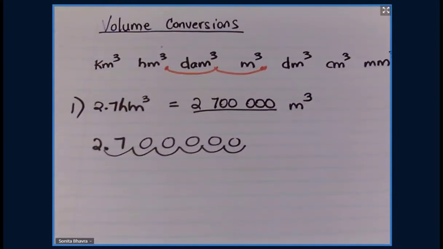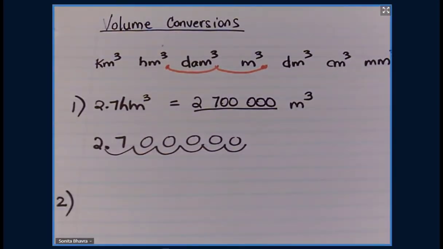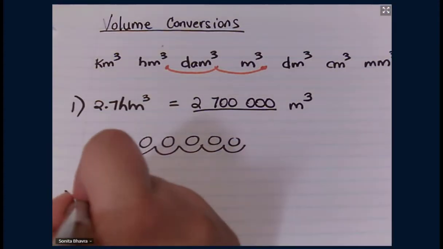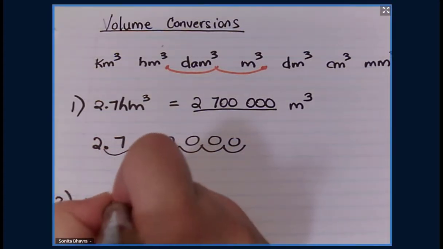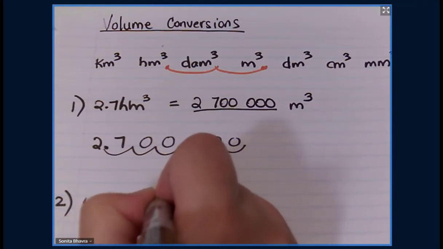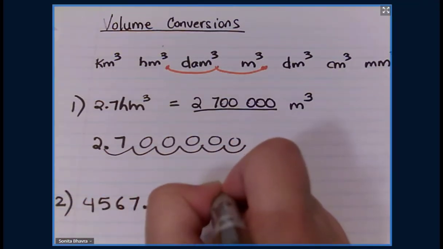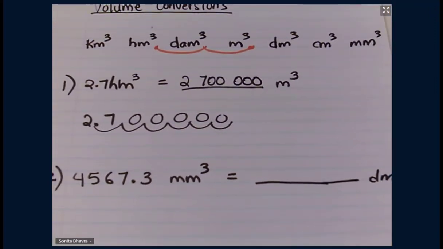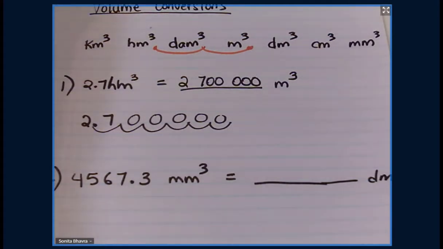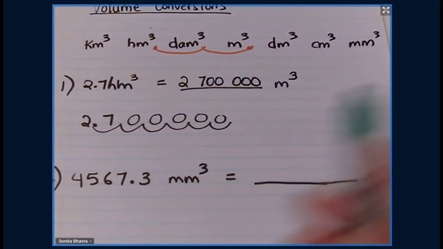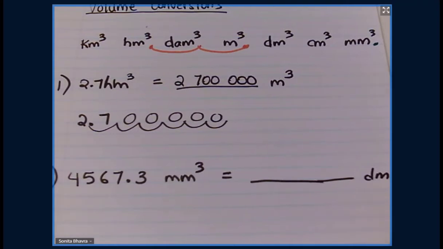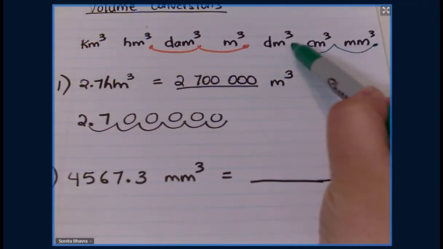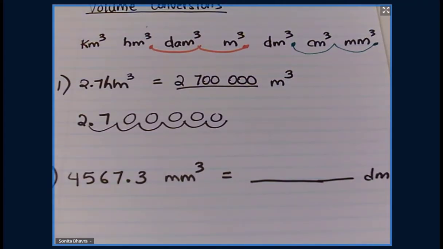All right, let's try another one. Let's say we have 4,567.3 millimeters cubed, and we need to get this to decimeters cubed. All right, so on our chart, we're going from millimeters, and we need to get to decimeters. So we're moving 1, 2 to the left. 2 to the left, but because this is 3-dimensional, we have to multiply that by 3.